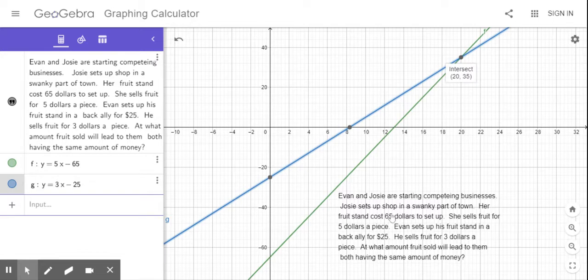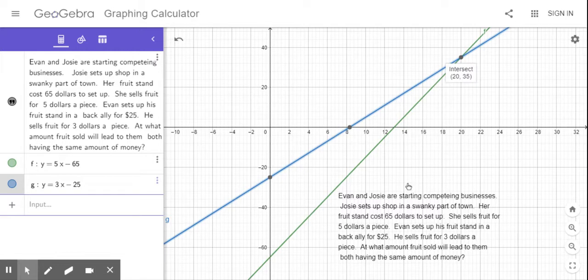Well, if you think about it, the setup cost, which is $65 for Josie and $25 for me, we should look at as essentially negative, or at least in this case, that's how I looked at it. So what I did is I made Josie's equation. I know that she makes $5 per piece of fruit.